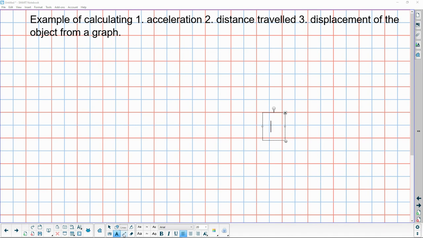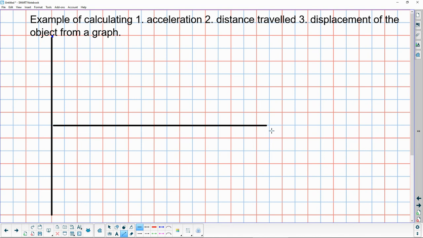And we're going to do a t-graph with positive and negative values. So I'm going to go down with a solid line here, and I'm going to go in the center here. Then we're going to mark and label this graph up.